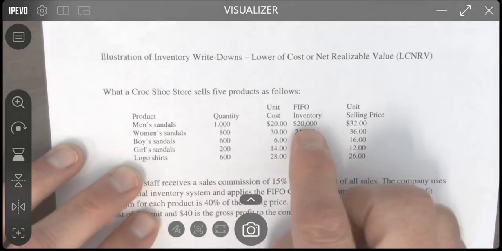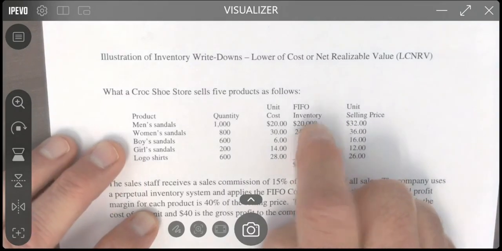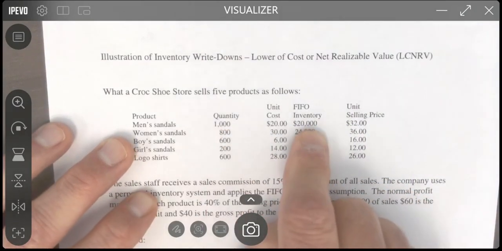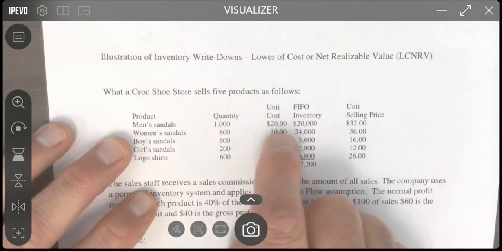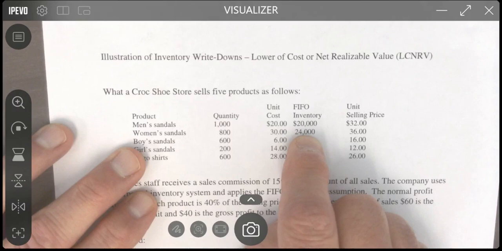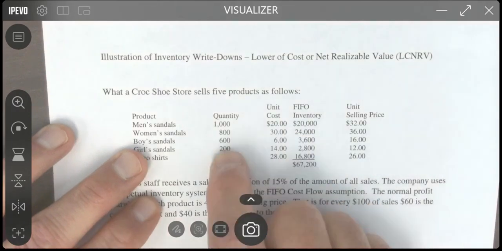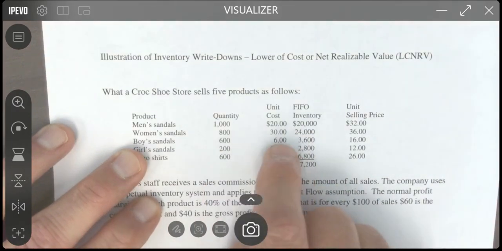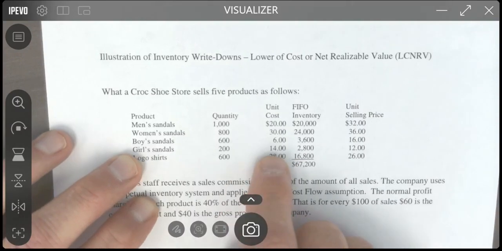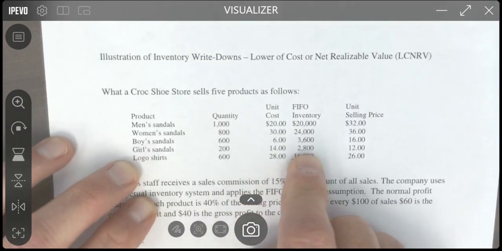Thus, the FIFO inventory cost of the men's sandals is 1,000 times 20, or $20,000. The women's sandals, 800 pairs times 30, $24,000. The boys' sandals, 600 pairs times 6, or $3,600. The girls' sandals, 200 at 14, or $2,800.